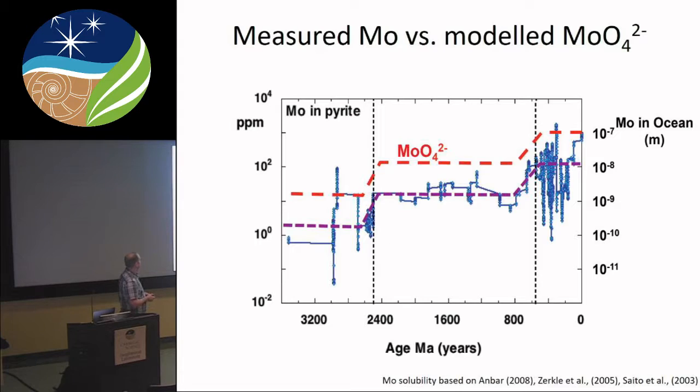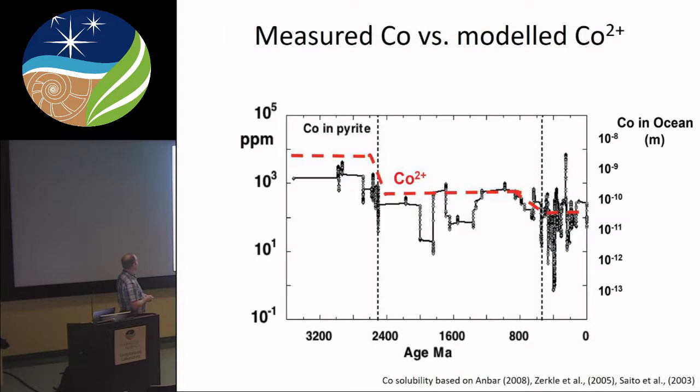And this broadly matches modeled molybdenum values in time, where the average of the pyrite in the Archean steps up in the Proterozoic and steps up again in the Phanerozoic. And with cobalt, you see the converse, where the average of the pyrite in the Archean drops into the Proterozoic and drops again a bit into the Phanerozoic, though our data is an awful lot more noisy than these model values.